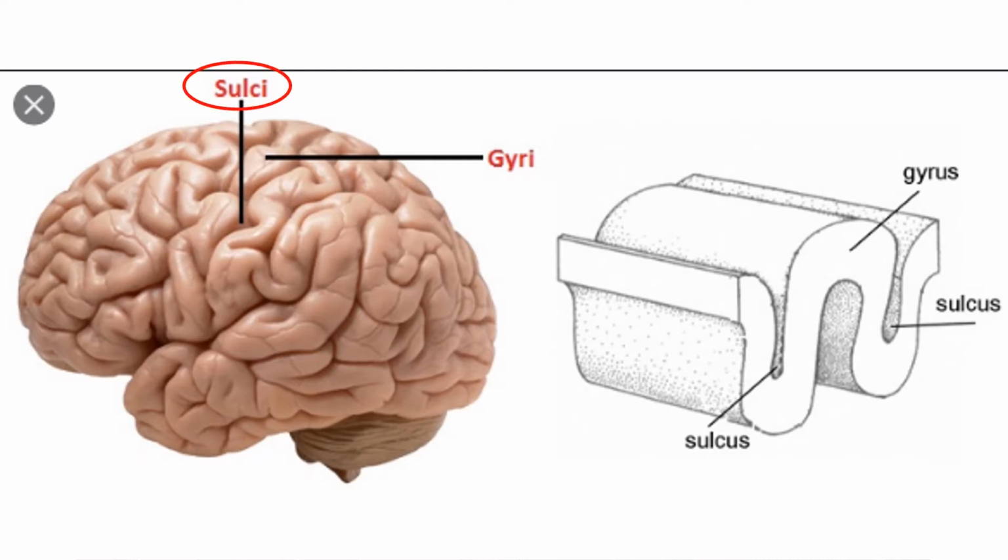A depression is called a sulcus, and the plural is sulci. And an elevation is called a gyrus, and the plural is gyri. Now, when you look to your right, you can see that there's a depression in this drawing, and this is a sulcus and an elevation, and this is a gyrus.